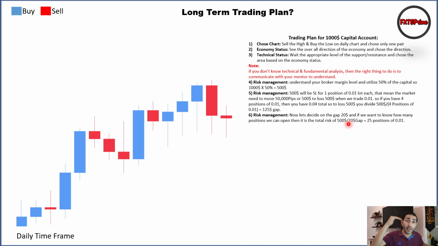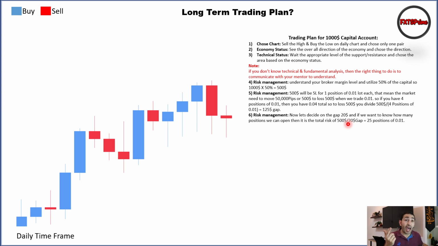So I'm going to wait for an entry from the higher price for sell or from the lower price for buy. I am also going to add positions, and I have decided to leave a gap between my first position and second position and third position and so on.